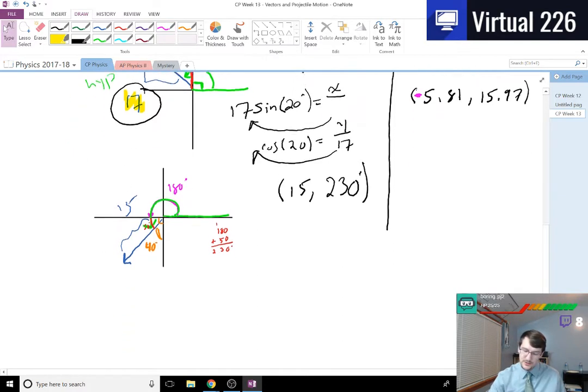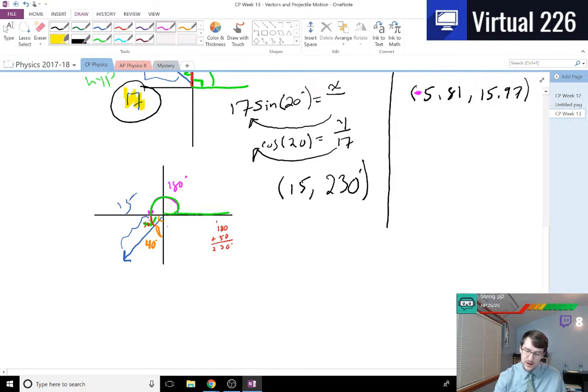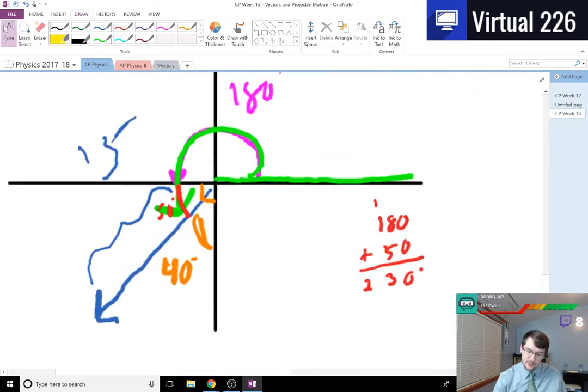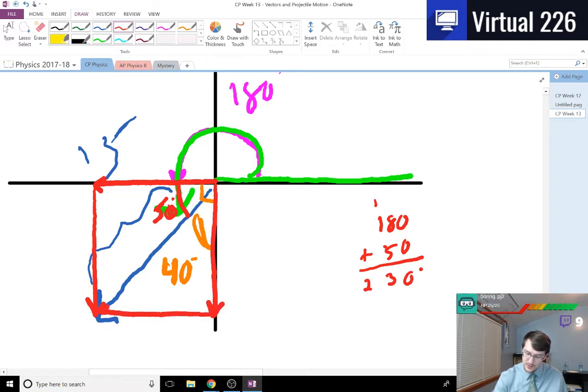I can do a similar thing with the triangle down here using either angle that I have. Notice and remember, I have both the 50 degree and the 40. So if you'd like, you could set up your triangle down here by going over with the 50 degrees here and then down, or using the 40 degrees, you could go down and then over.